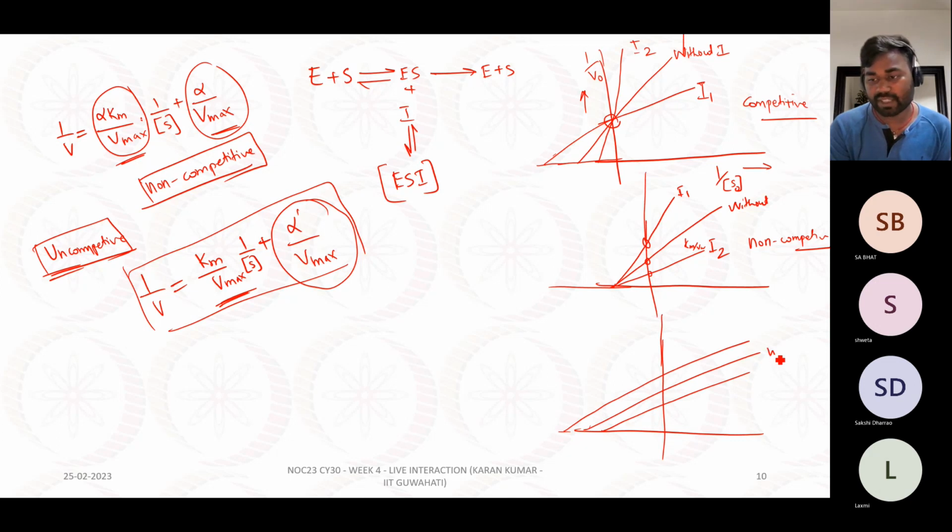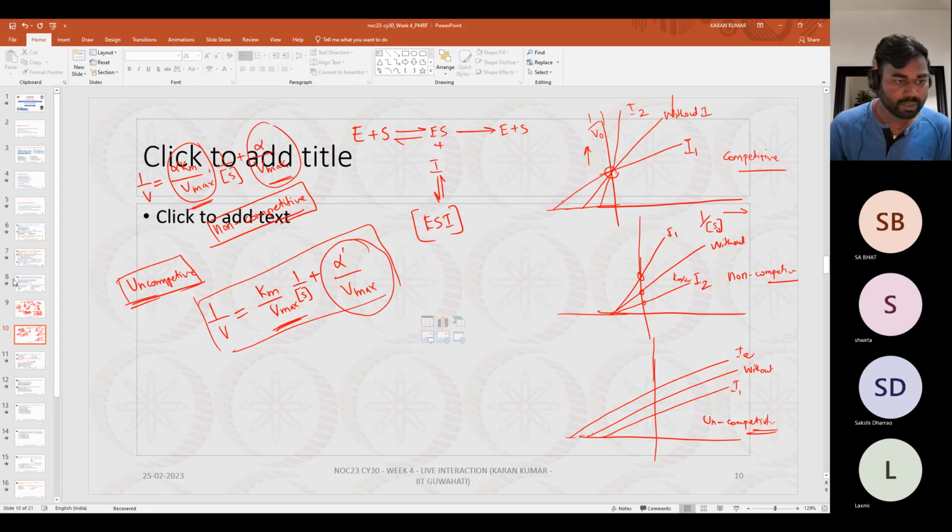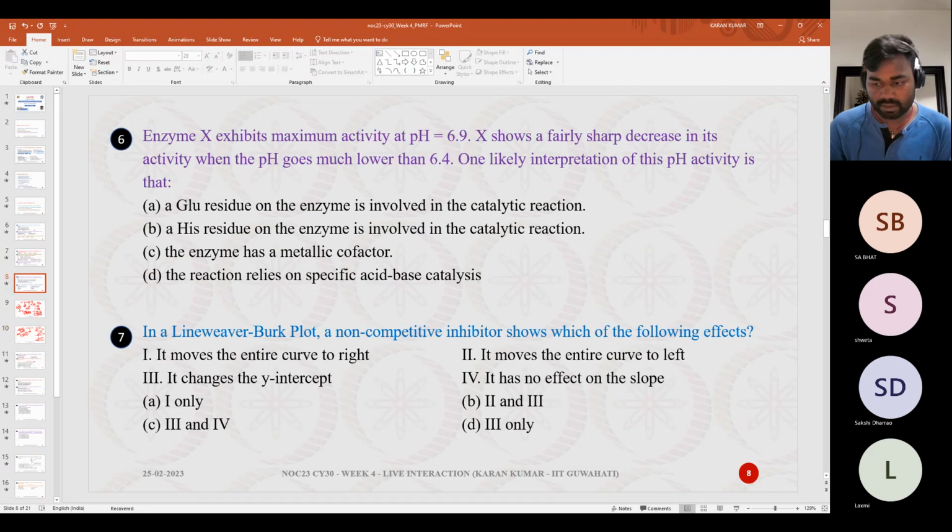This is without, this is your I1, this is your I2. This is the case of uncompetitive. Is it clear now? You remember these three equations?